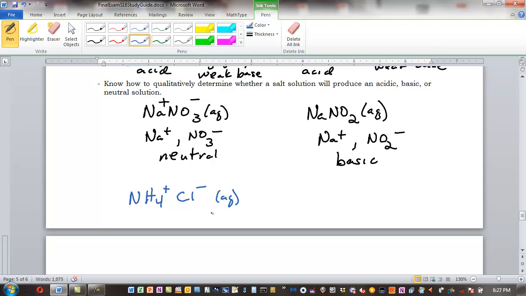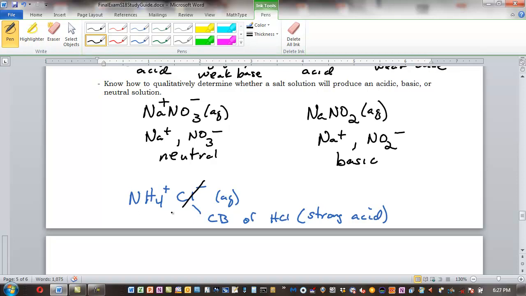So chloride is the conjugate base of a strong acid. And again, the stronger the acid, the weaker the conjugate base. So chloride is not going to do anything in water, conjugate base of a strong acid.